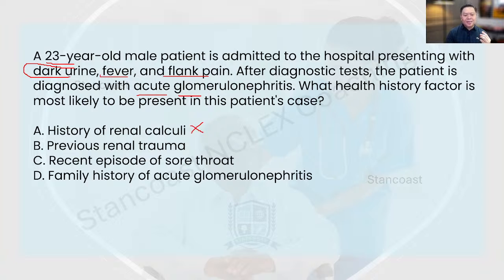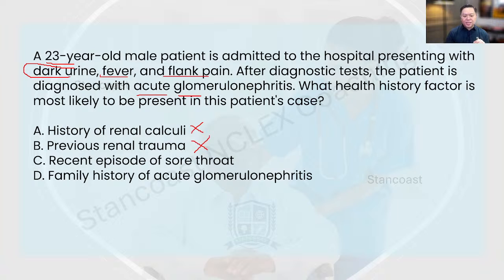Think again that glomerulonephritis itself is associated with infections, autoimmune diseases, or other systemic conditions rather than trauma. We never talked about trauma as a risk factor for developing glomerulonephritis. Eliminate that. Now let's tackle letter C.